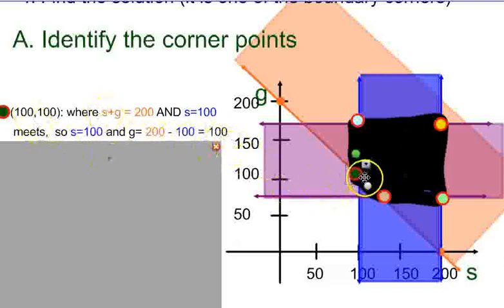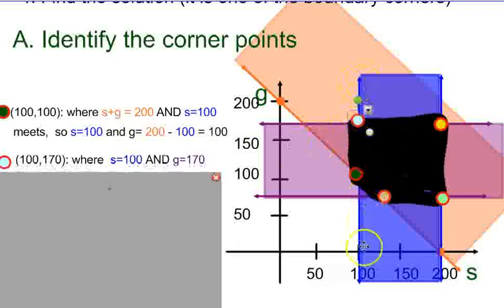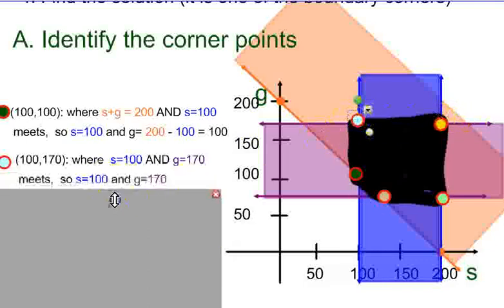So this point is the point 100, 100. Let's take a look at this point. It intersects the blue line and a purple line. Well, the blue line is at S equals 100, and the purple line is at G equals 170. So therefore, we have our S and our G points. Our S point is 100, and our G point is 170.